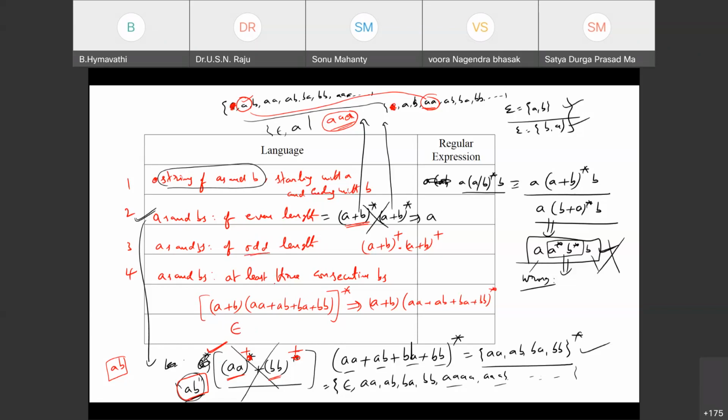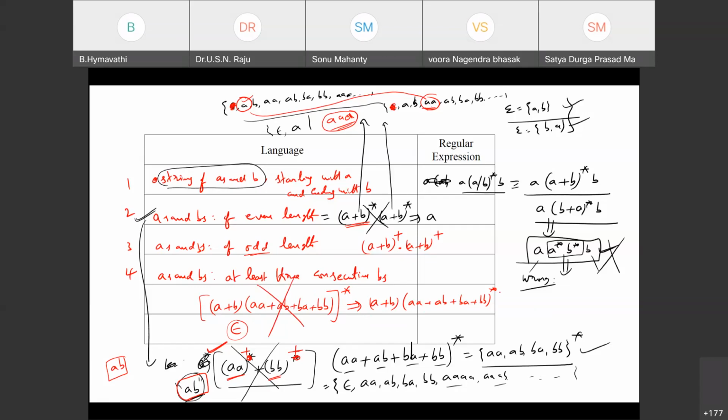Odd length means minimum one should be there, but if you give star here you are getting a string of length 0, so star should not be given here. Okay, have you got it? So it is not correct.